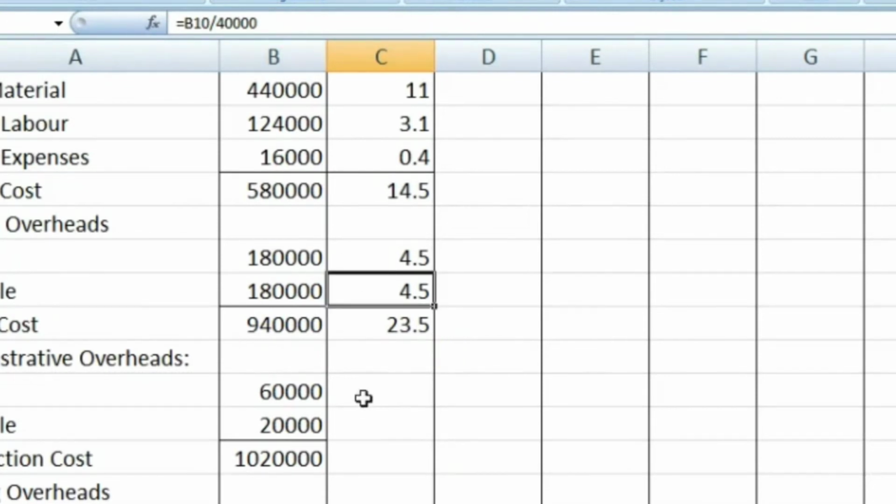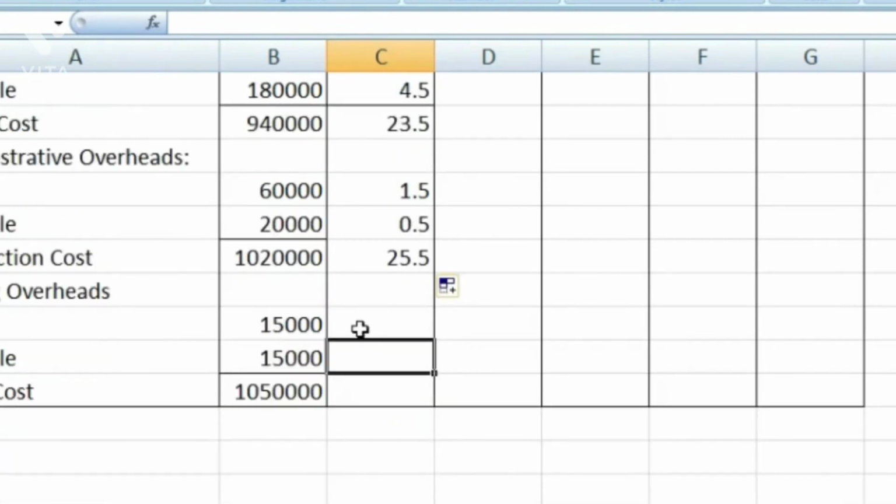Okay. Now here, what is the answer? This divided by 40,000. Everyone divide by 40,000, 1.5. Next 0.5. Next is 20.25.5.